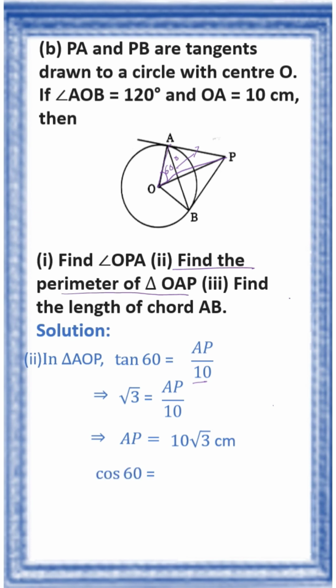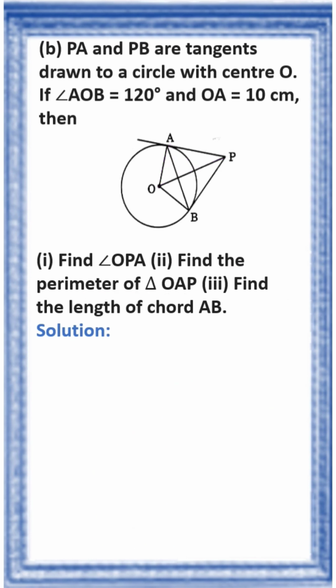Cos 60 is equal to, cos ratio is adjacent by hypotenuse. Here adjacent is OA, that is 10 by hypotenuse is OP. Cos 60 is half is equal to 10 by OP. So OP is equal to 20 centimeter. So the perimeter of triangle AOP is equal to OA plus AP plus OP.